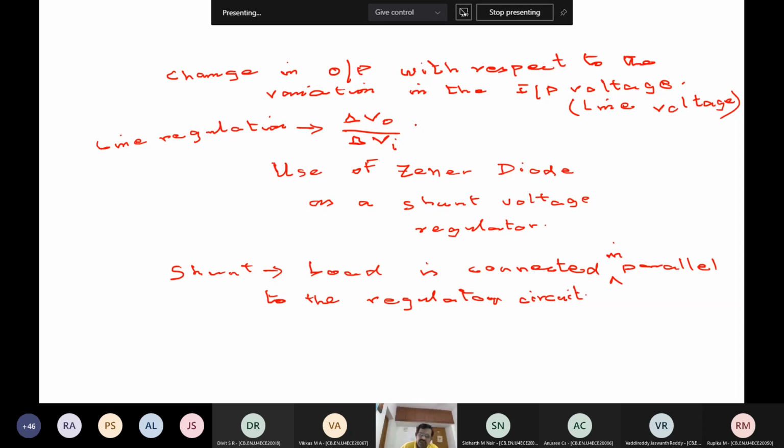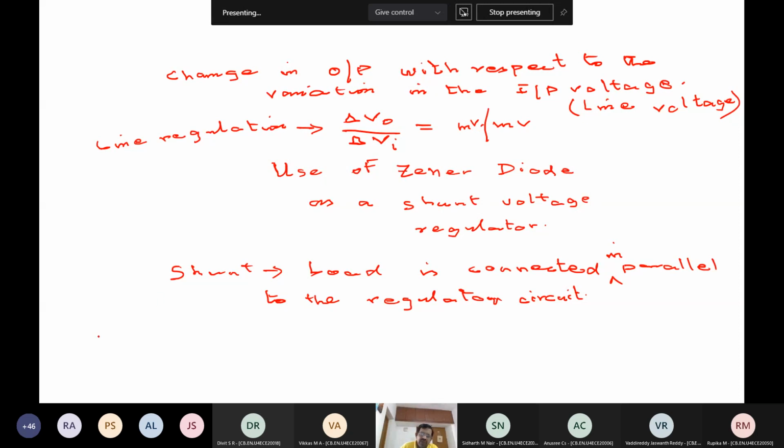It is measured in millivolt of output change per millivolt of input change. So the unit is obviously a pure number, but you have to understand it as millivolt per millivolt. So that is about line regulation.